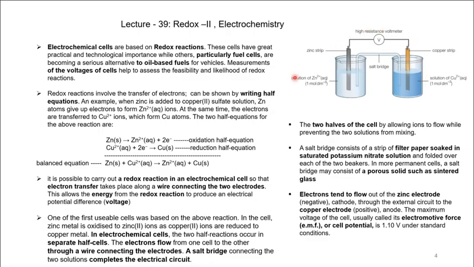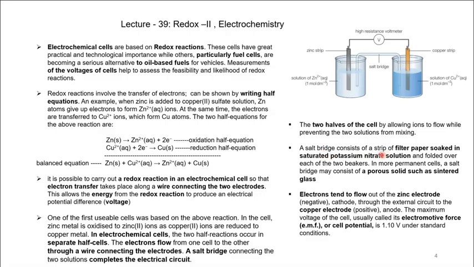We take a zinc aqueous solution, 1 mole per dm³, that is a 1 molar solution, and then we have a 1 molar copper solution, and a salt bridge to connect these two electrodes. And then we have a high resistance voltmeter here to get the voltage we get from this cell. We said salt bridge. What is a salt bridge?